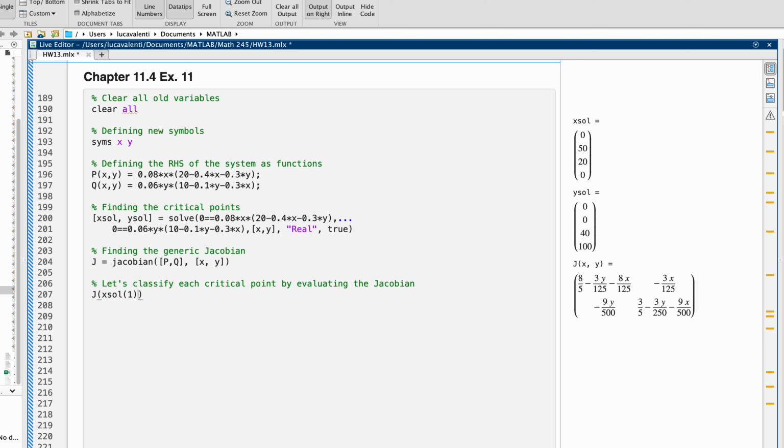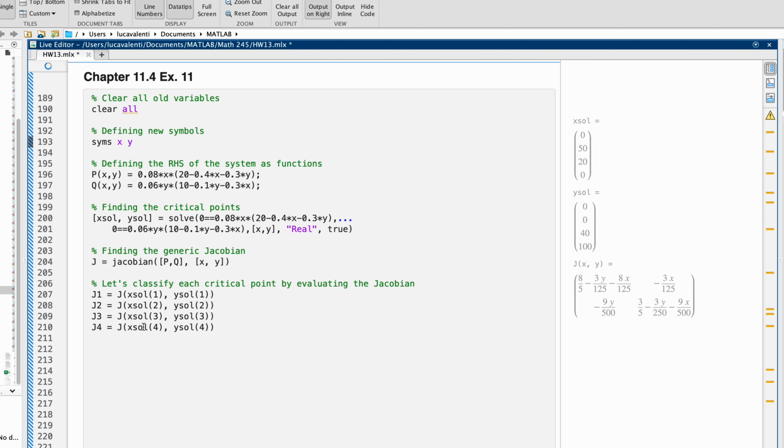So X sol 1, Y sol 1, and let's say this is J1. And then we're going to do it for all 4 points. So copy this, paste, paste, and paste. 2, 3, and 4. And here we want 2, 2, 3, 3, 4, 4.